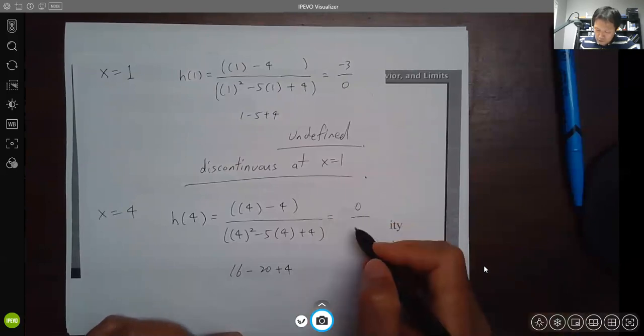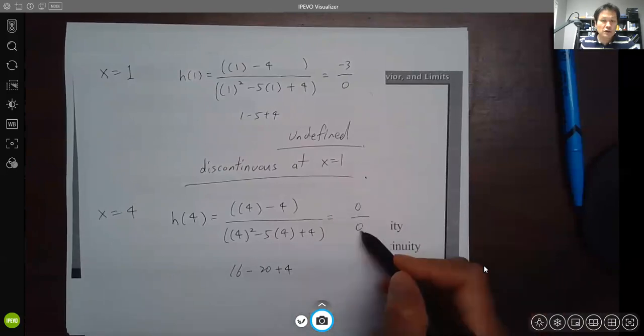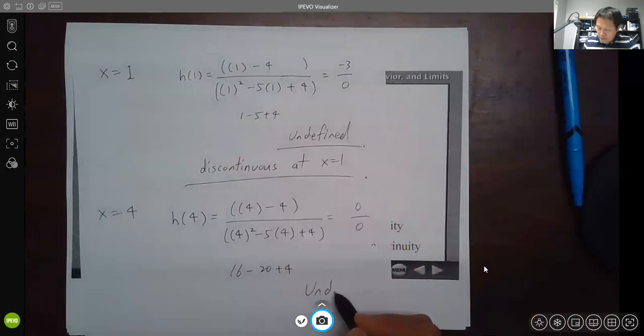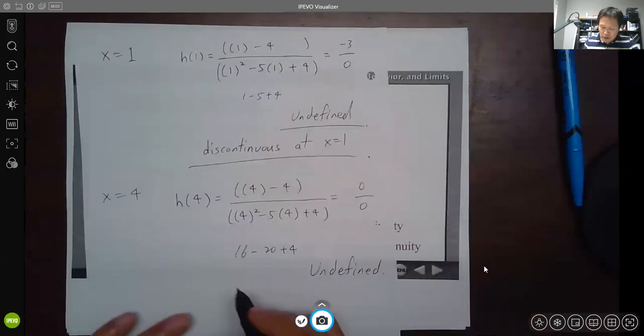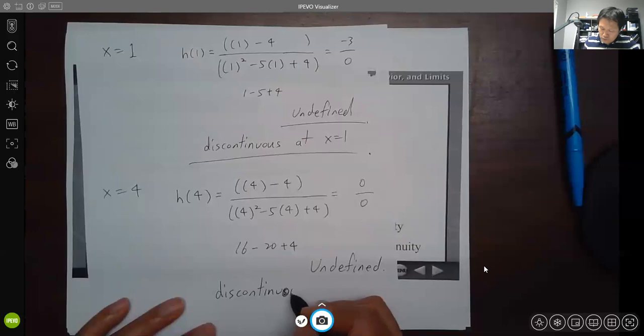That's a 0? Yeah, so 0 on numerator is okay, but 0 on denominator, so it's undefined. It's undefined. And you say this is discontinuous at x equal to 4 as well.